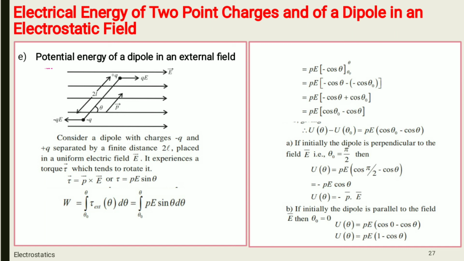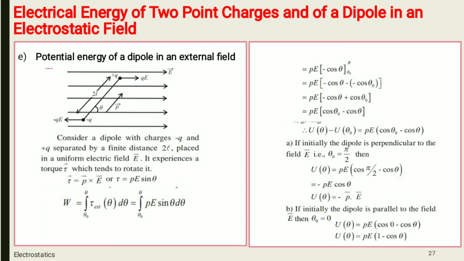To neutralize the torque produced due to application of the electric field, we applied an external torque tau external, which rotates in the plane of paper from angle theta 0 to theta, and due to this the torque produced due to the external electric field is neutralized, and the work done by the external torque is given by the equation W is equal to integration from theta 0 to theta of tau external d theta.